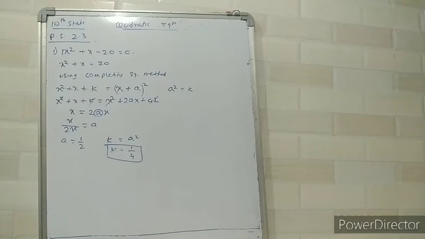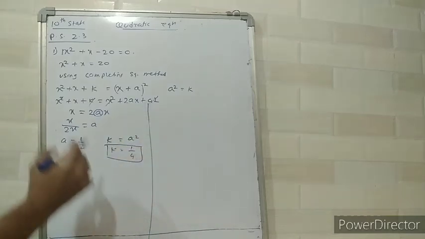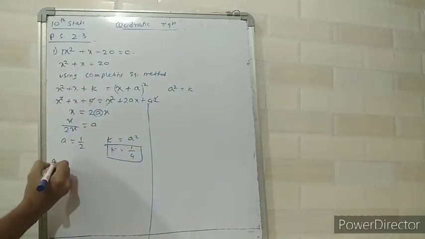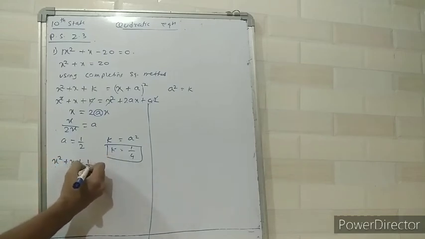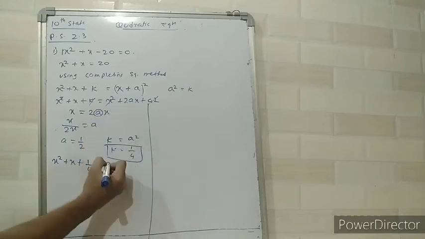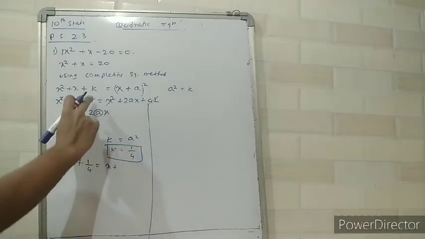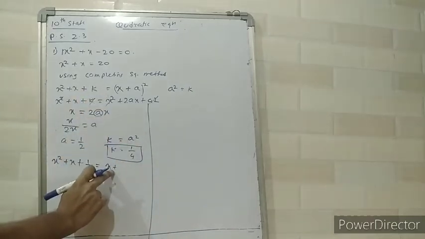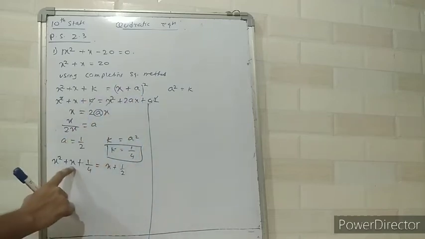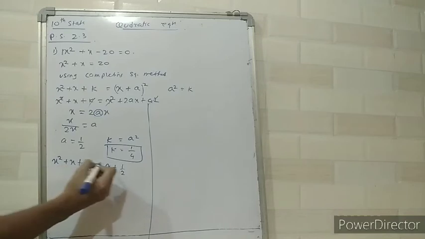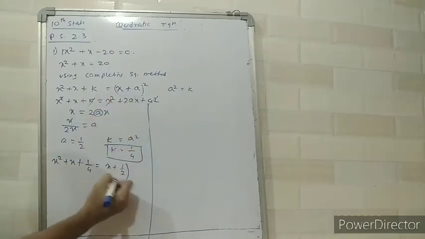Now when I substitute, x square plus x plus k, that means x square plus x plus 1 upon 4 is equal to x plus, what is a? a is 1 upon 2, so x plus 1 upon 2 the whole square.